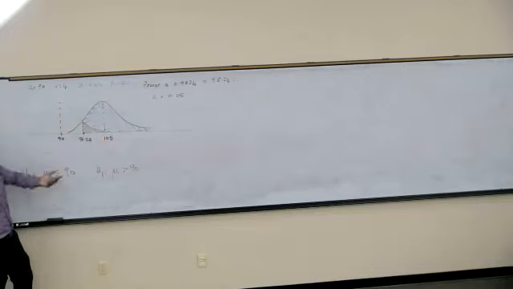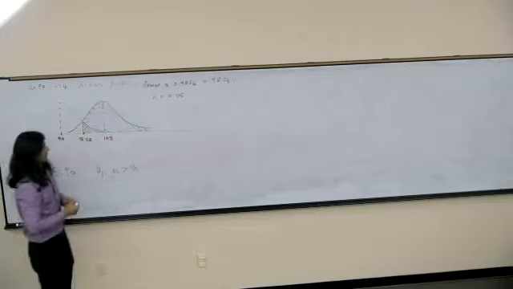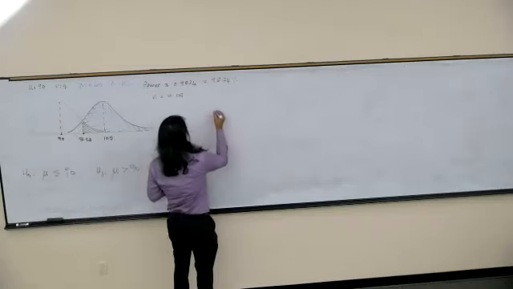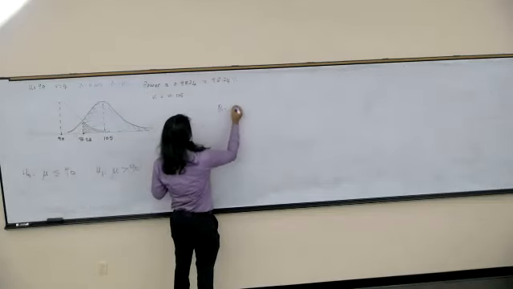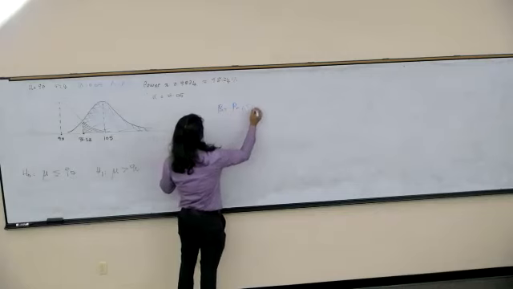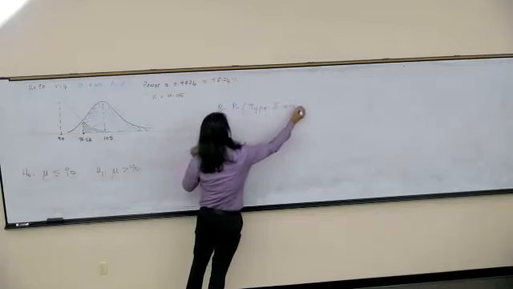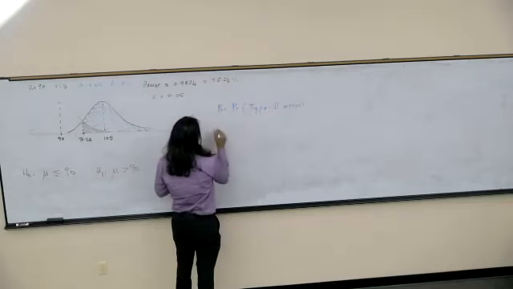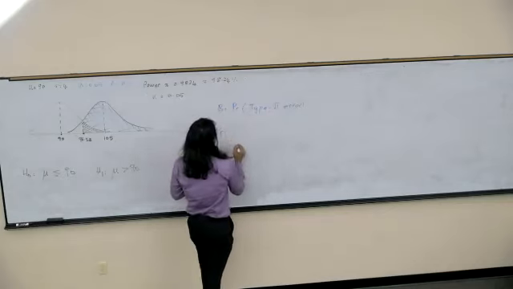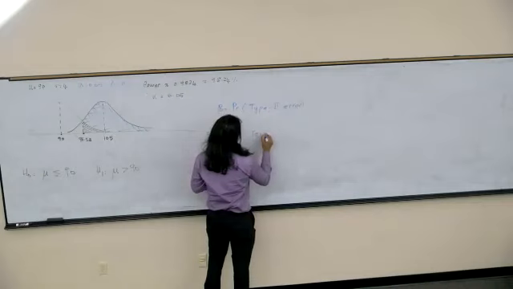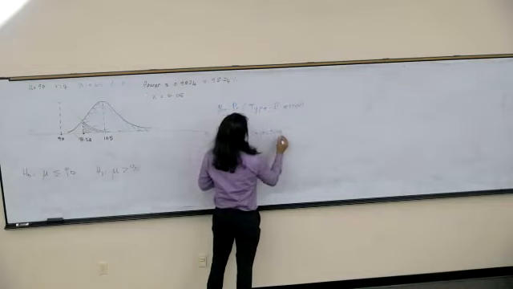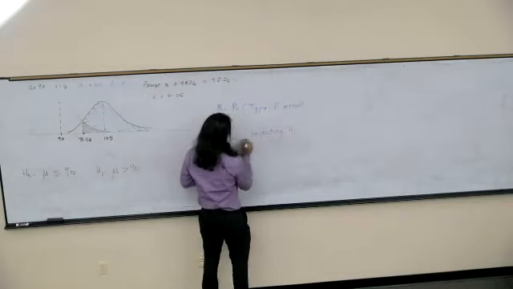Power in projecting is 98.24%. So I have to find beta. Beta is the probability of a type 2 error.